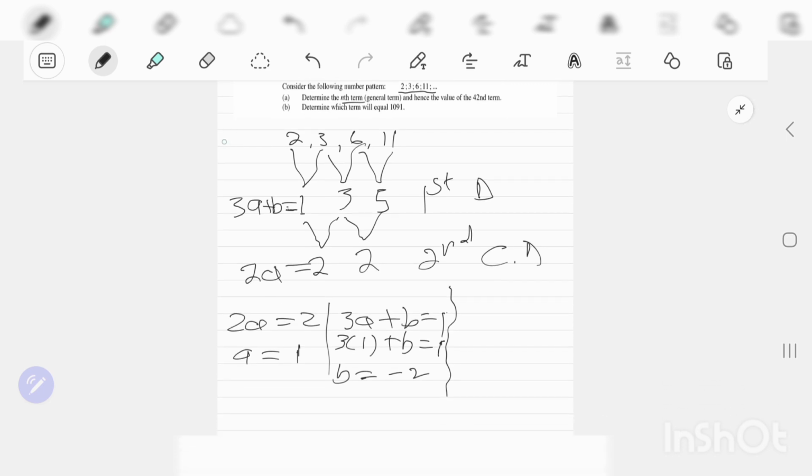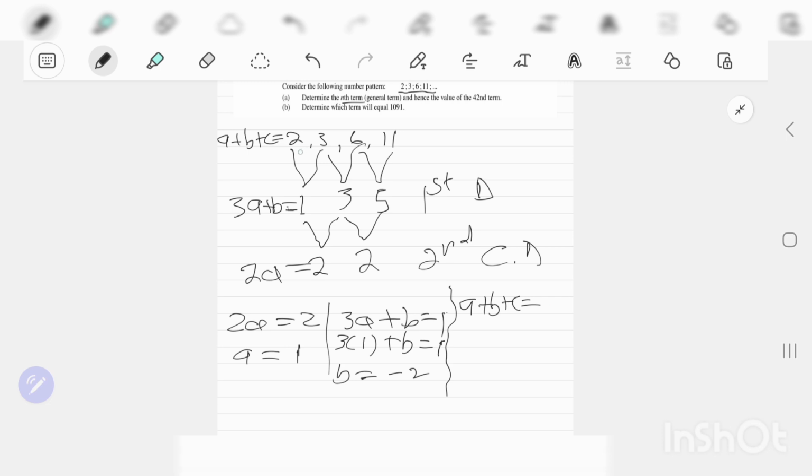You're going to take A plus B plus C is equal to the first term of the actual sequence. So this means now I'm going to have A plus B plus C is equal to my first term of the actual sequence.